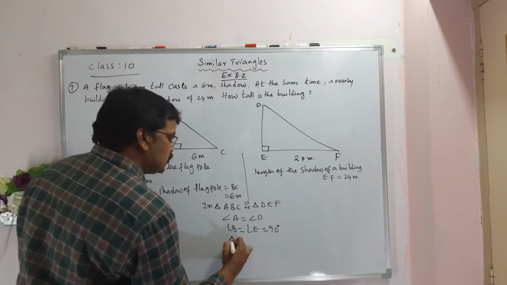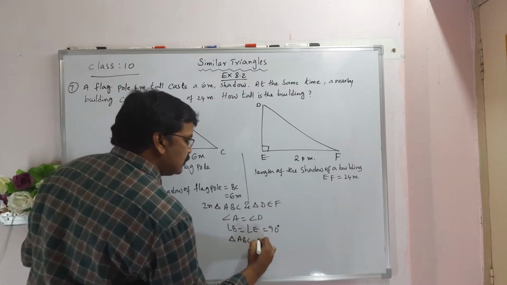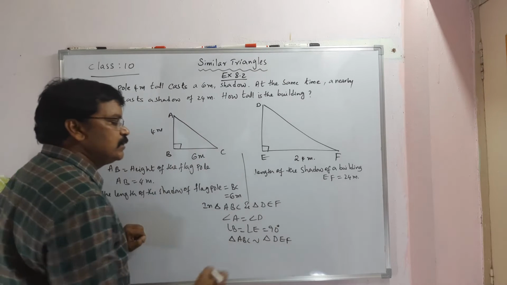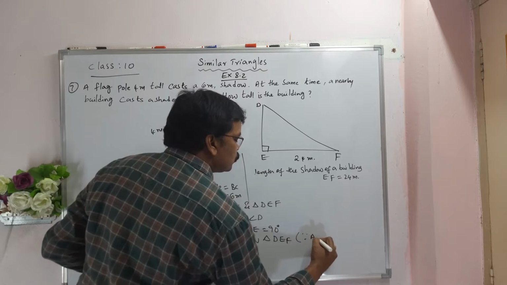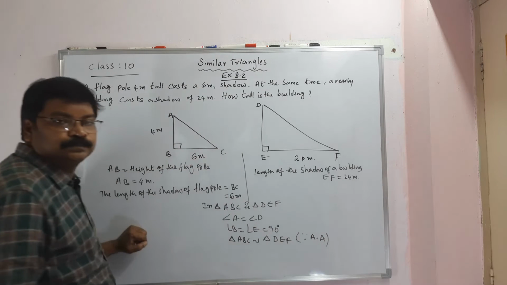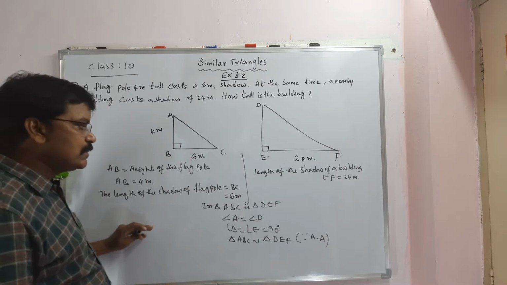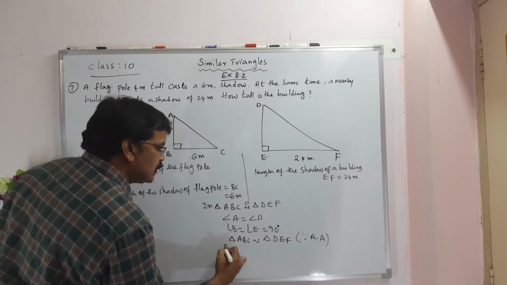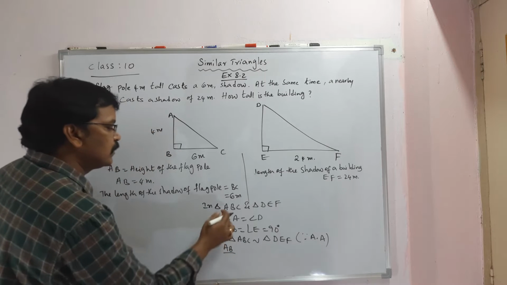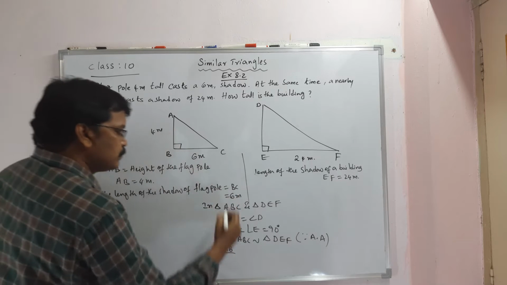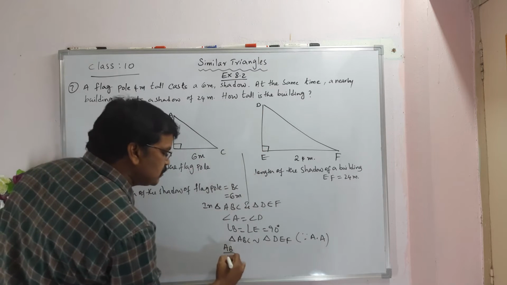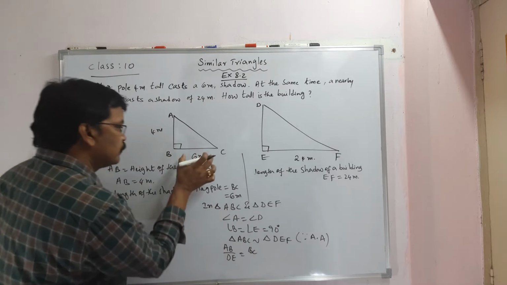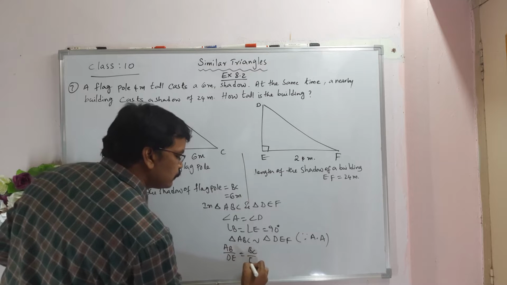Therefore, triangle ABC is similar to triangle DEF according to the AA similarity theorem. If two triangles are similar, then the corresponding sides are proportional. That means AB by DE is equal to BC by EF.